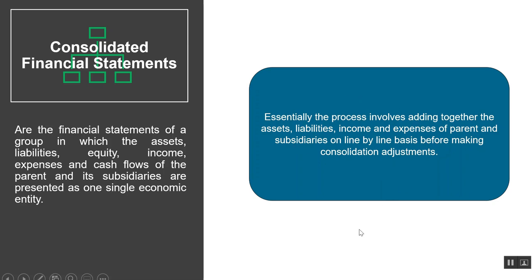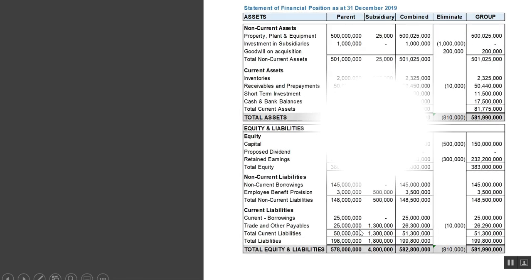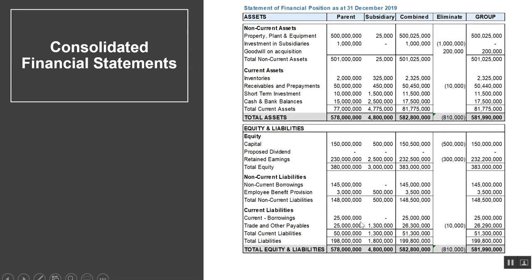So we take the parent company financials, the assets, liabilities and equities, and combine them with the subsidiary company assets and liabilities. Then we make certain adjustments to eliminate intercompany transactions and other transactions as well. Then we prepare the consolidated financial statement, which is known as the group financial statement.